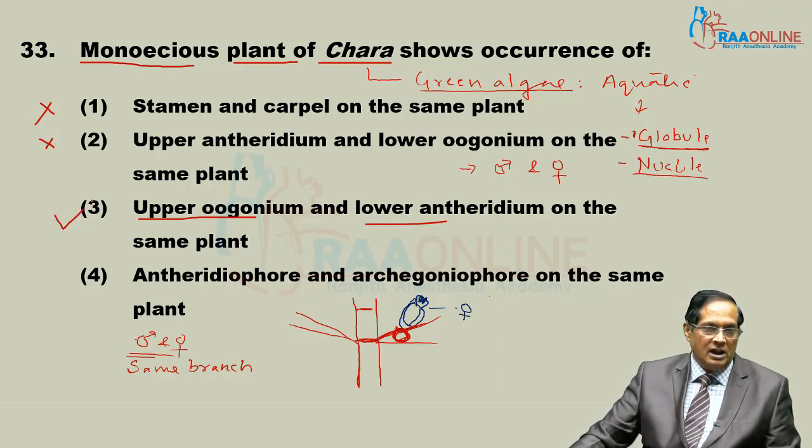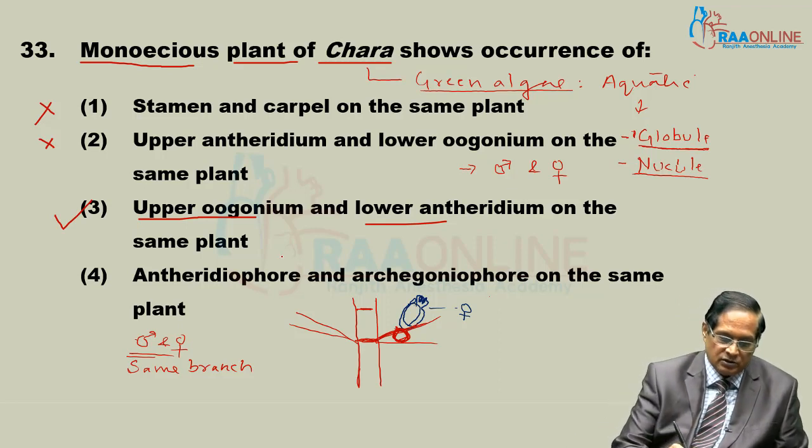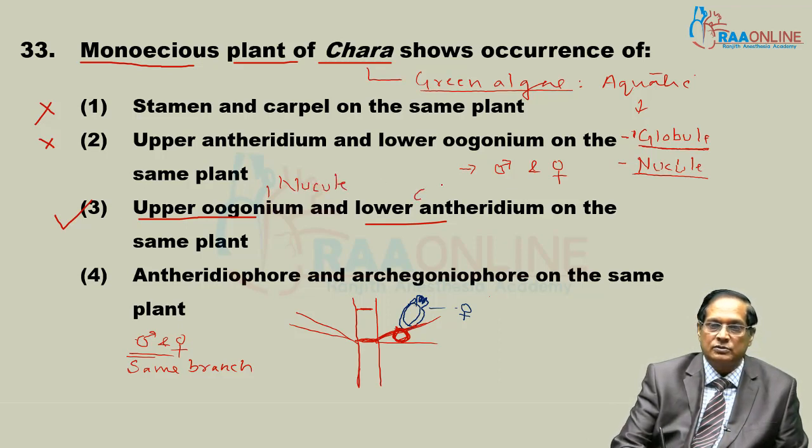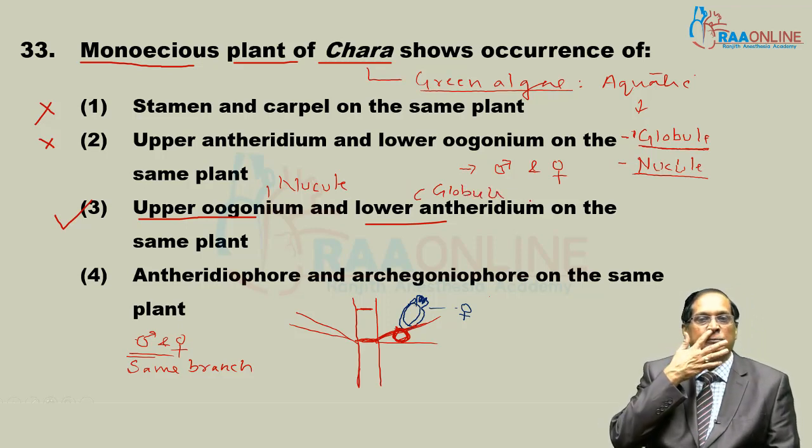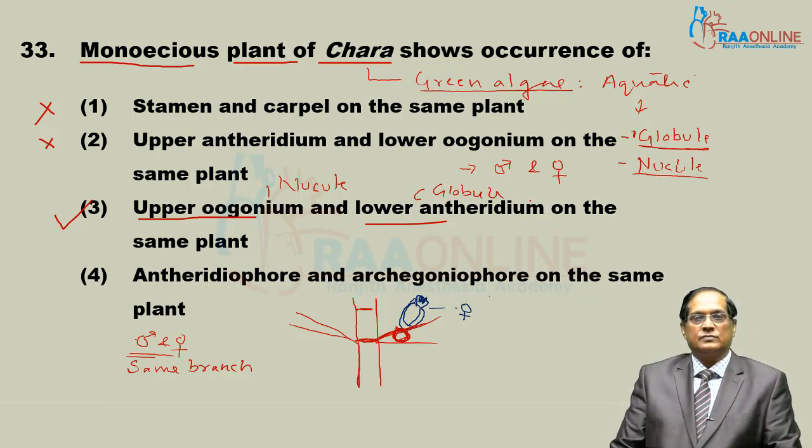Oogonium is also called nucule, whereas antheridium is known as globule. It's a NEET question after 2015. Chara is monoecious.